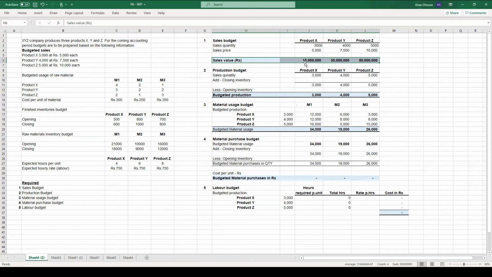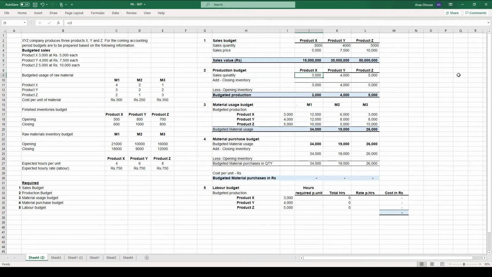Now, based on the sales quantity, we can identify the production budget. So how do you calculate the production budget? Simply, for the production budget, we need to base it on budgeted sales quantities. You are given the budgeted sales quantities 3,000, 4,000, 5,000.